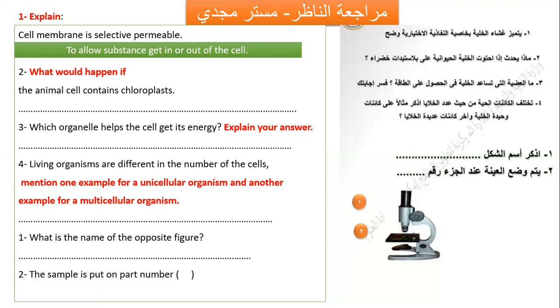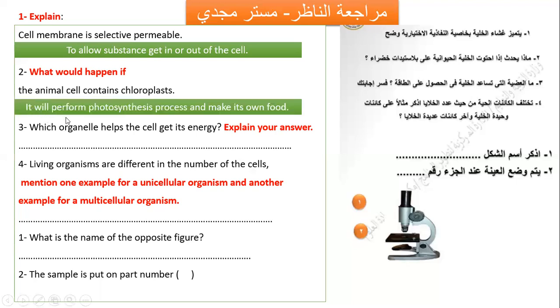So if we had chloroplasts, we would perform photosynthesis like a plant. So this is the answer: if the animal cell contains chlorophyll, it can perform photosynthesis and make its own food like a plant.